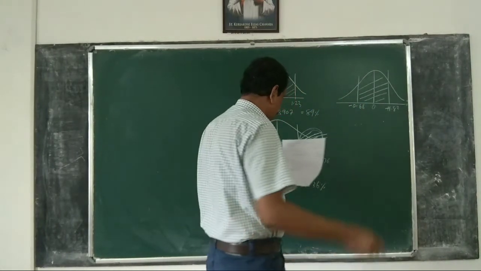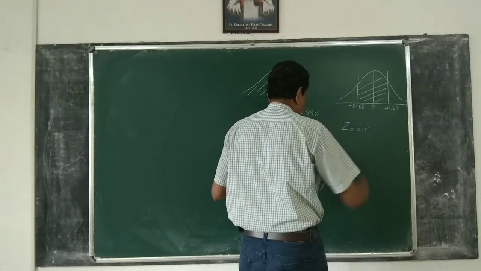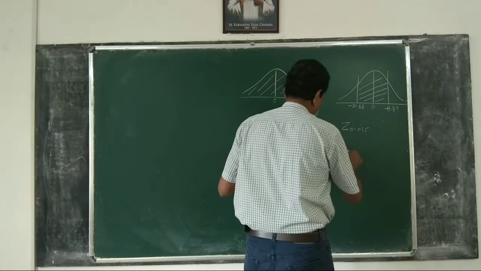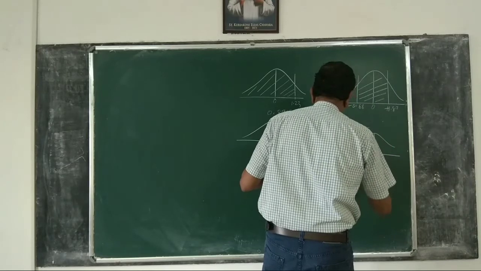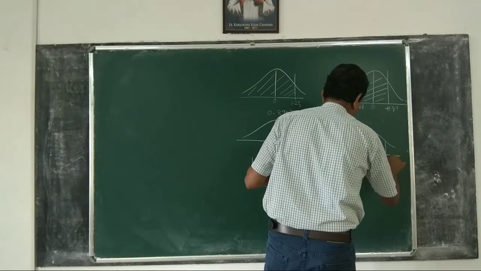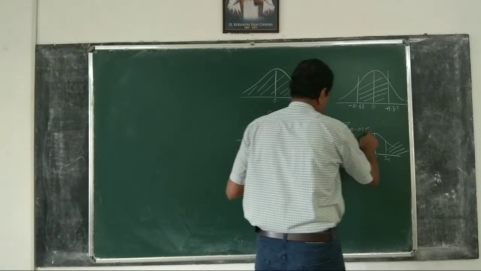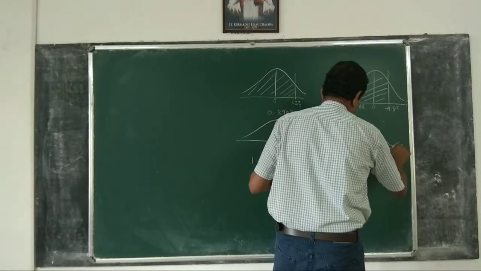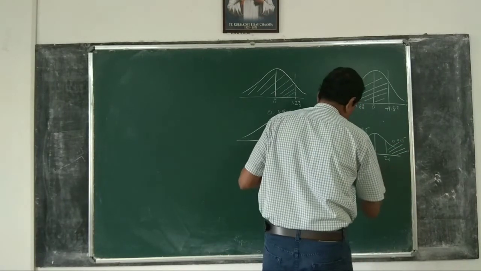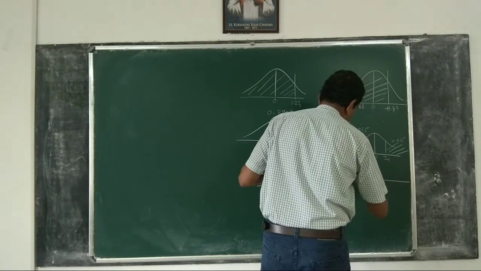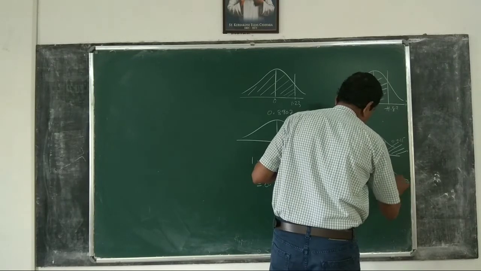So what is meant by Z 0.025? That is 2.5%. So this is 0, Z alpha, and the area to the right is 0.025, that is this area, and the value of Z alpha here is, from the table, you will get it as 1.96.